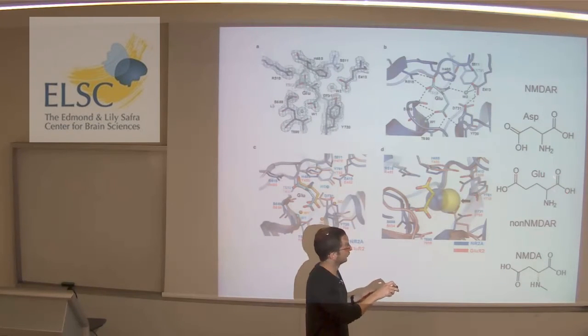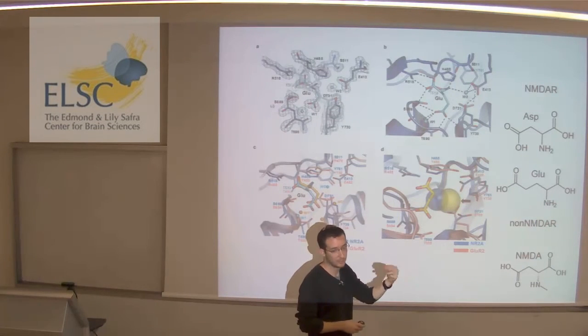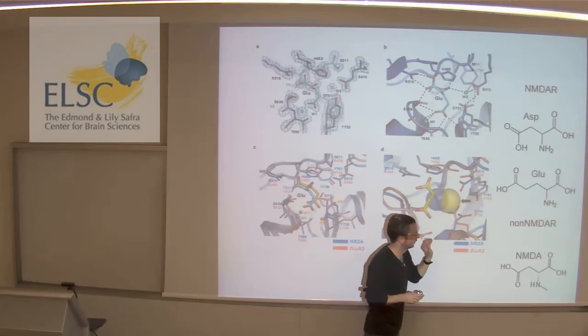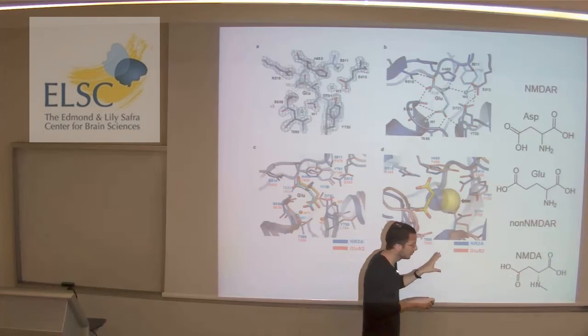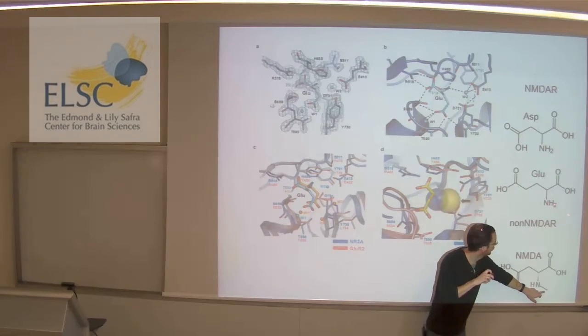And again, don't be confused. Glutamate also plays two roles in this story. It's the ligand, the neurotransmitter, and it's also a structural amino acid in the binding site of the non-NMDA receptor. And NMDA molecule mimics the structure of a glutamate with an additional carbon here.